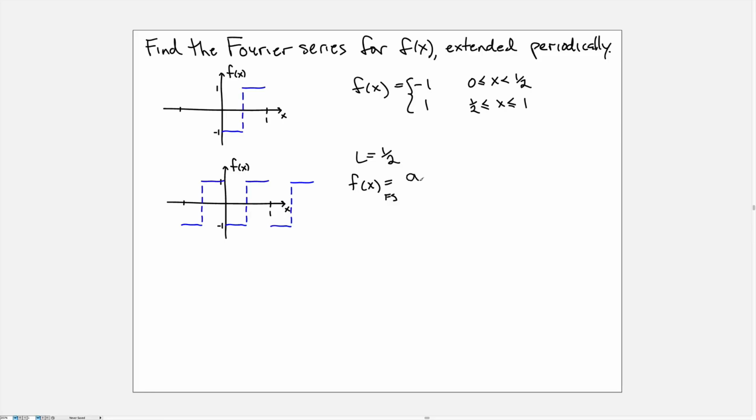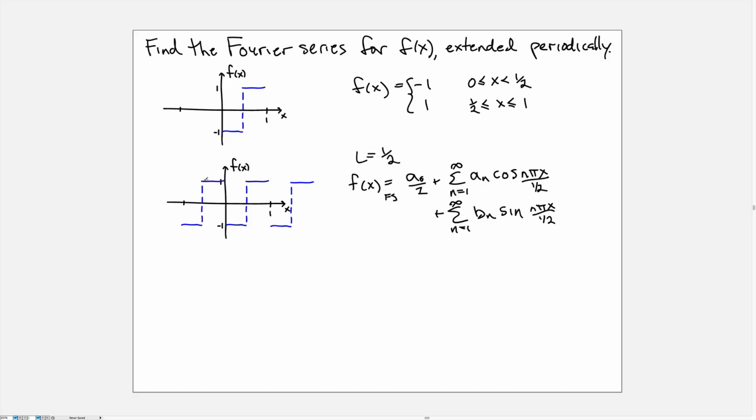And so I have a0 over 2 plus the sum from n equal 1 to infinity of an cosine, and now it's n pi x divided by 1 half, and we'll put that in the numerator as a 2 in a moment, plus the sum from n equal 1 to infinity of bn sine of n pi x over 1 half.